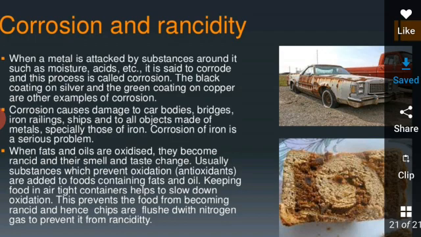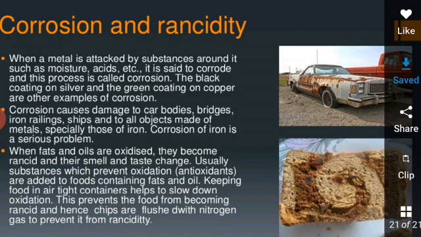Silver has combined with sulfur to form silver sulfide, and silver sulfide gives black color to silver articles. Similarly, copper. When copper articles are left open in air, it reacts with oxygen, carbon dioxide and water and forms basic copper carbonate, which is green in color.